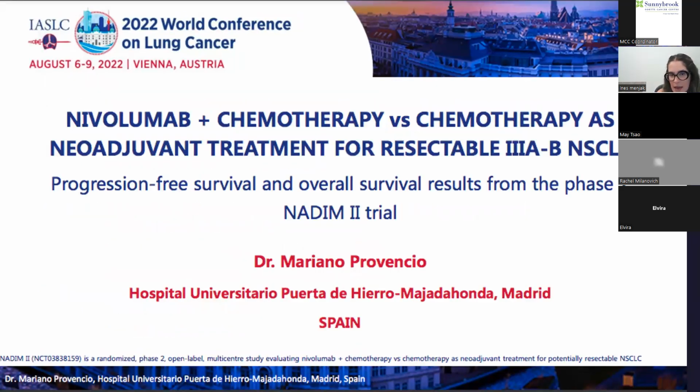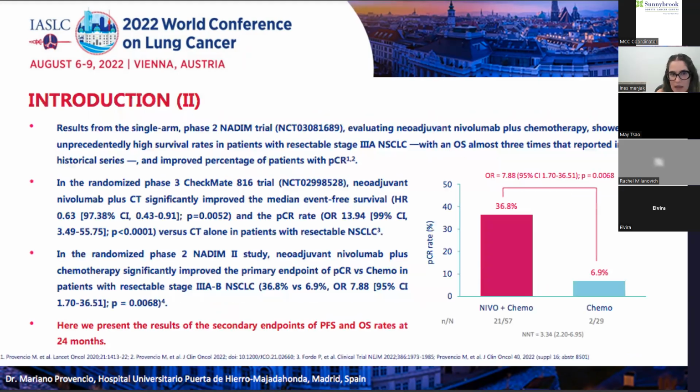The last abstract that I will present was the NADIM-2 trial, which is a phase 2 randomized trial. In this presentation, Dr. Provencio presents the secondary endpoints of PFS and overall survival from NADIM. First, NADIM-1 was published, a phase 2 single-arm trial that evaluated the combination of nivolumab plus chemotherapy in patients with resectable stage 3 non-small cell lung cancer.